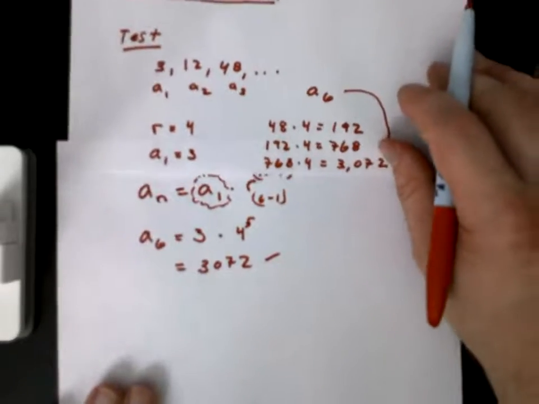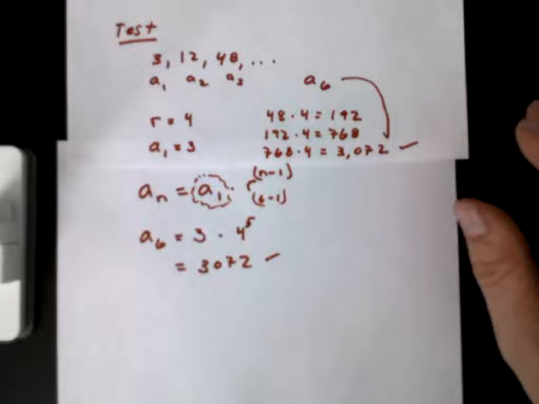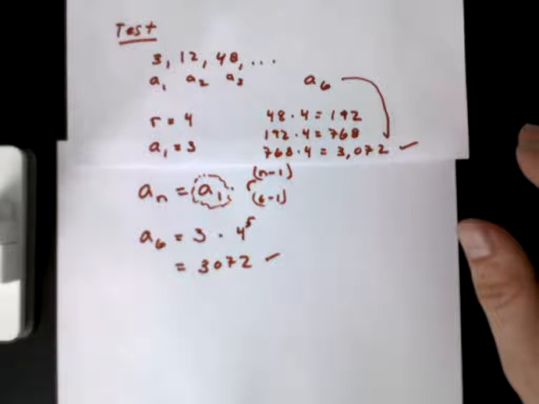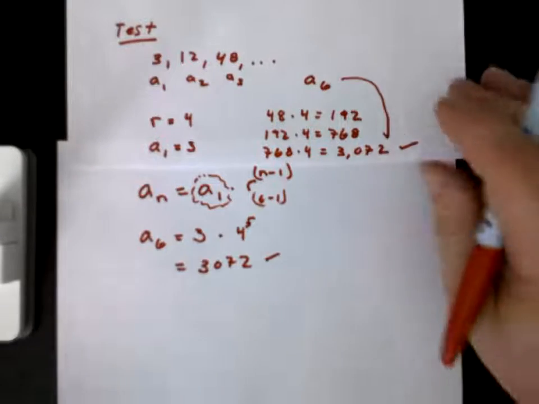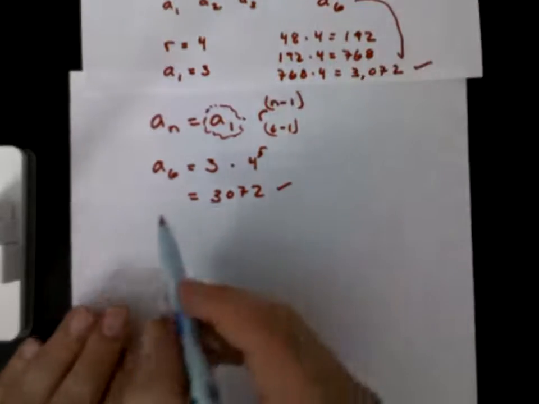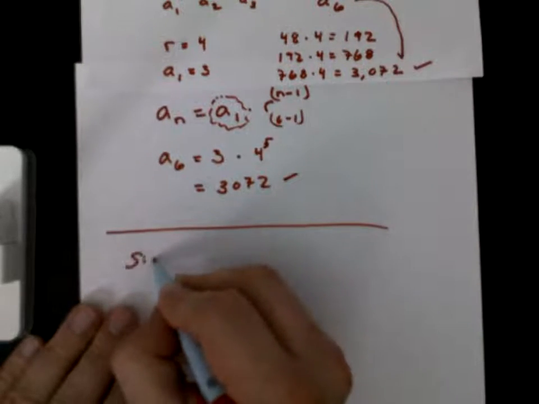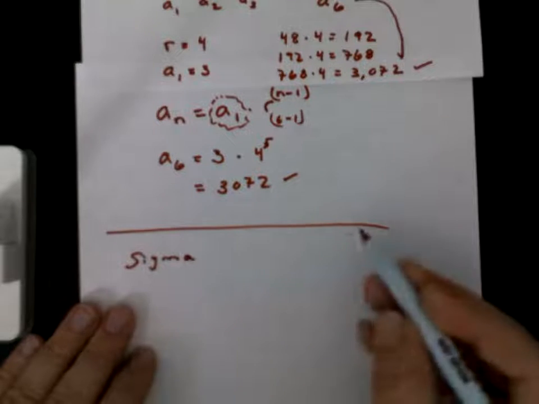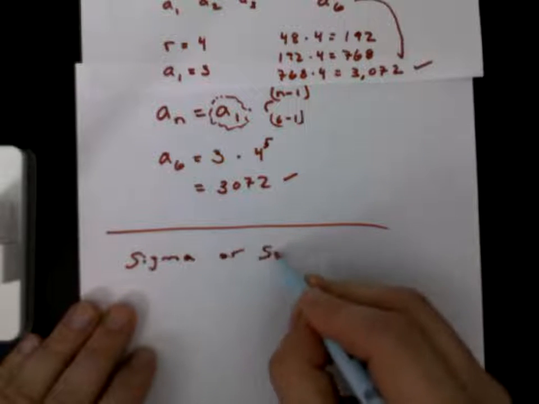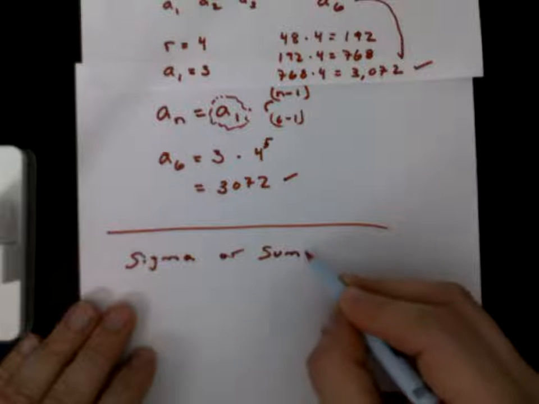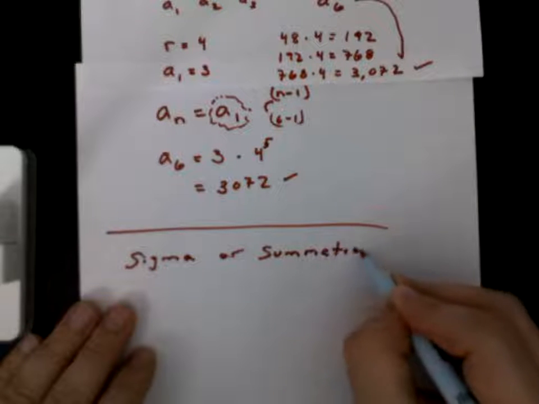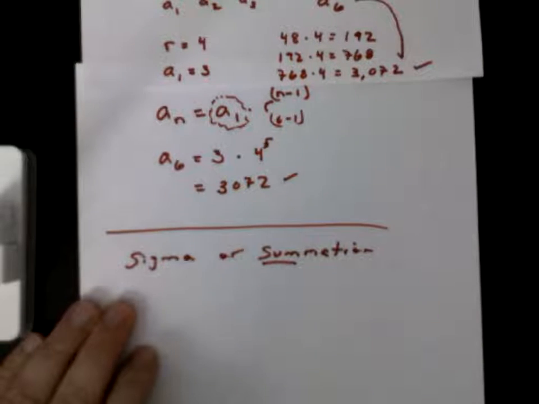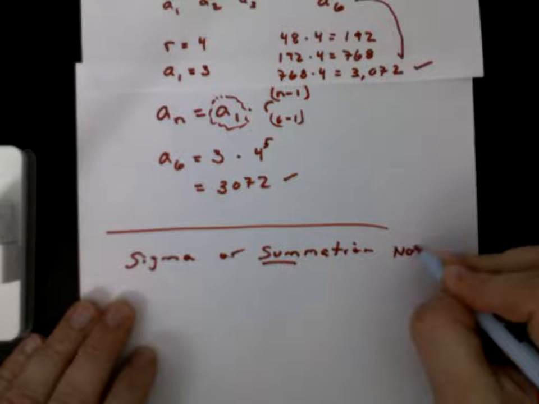Okay. All right. Another thing I want to think about here is, in class we went over what we call sigma notation. Sigma is another way of saying summation. Summation is just short for sum notation.